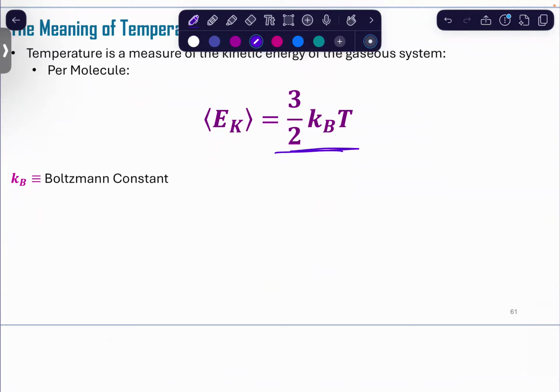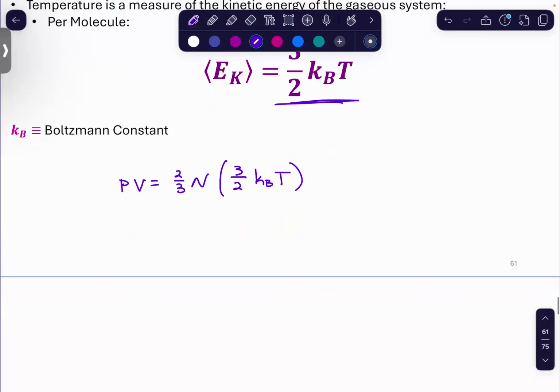I'm going to get PV equals 2/3 N times 3/2 kBT. Okay, so 2/3 times 3/2 cancels out, and so PV just equals N kBT. Well, all the time it's looking more and more like our ideal gas law.